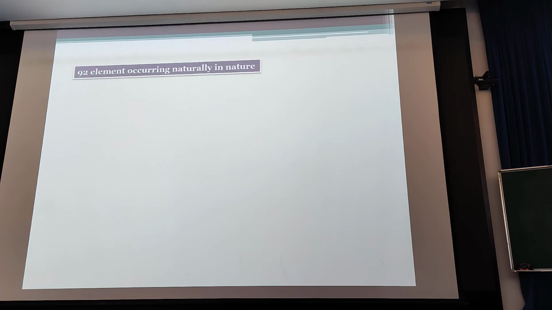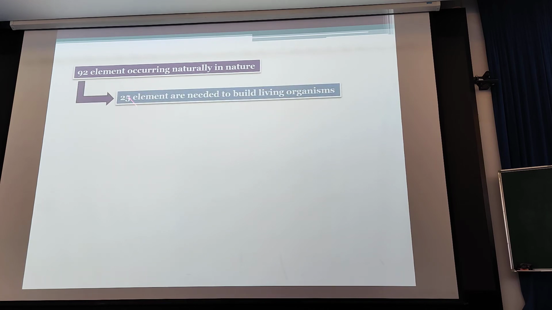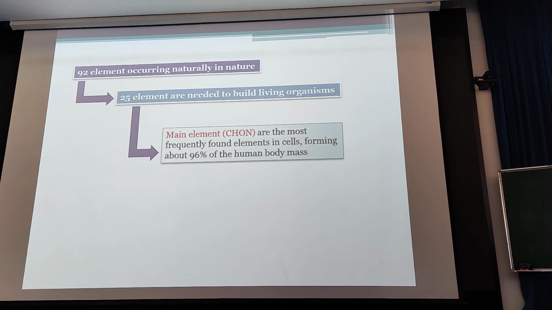There are 92 elements occurring naturally on Earth, and among those only 25 elements are needed to build living organisms.